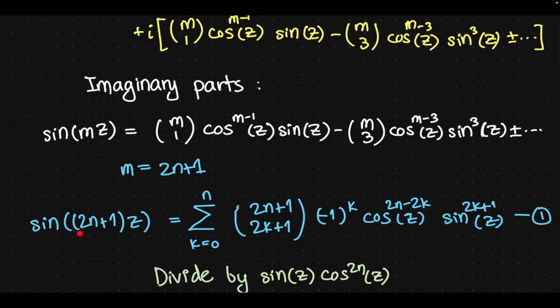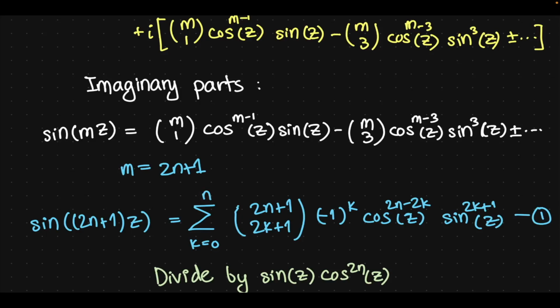We will then have sine of (2n+1)z equal to the sum from k equals 0 to n. Instead of writing it in a free form like this, we can write it in a more compact form now that we know that m is odd, because the sum is always going to terminate at 2n+1.